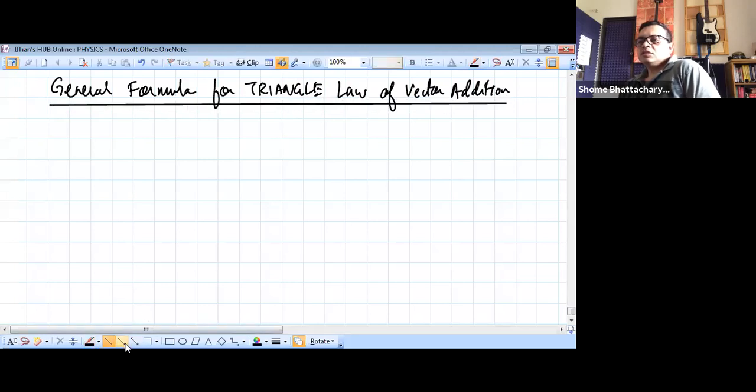So what we see here is that given two vectors, suppose this is one vector A, lying along my x-axis. This is another vector B, which is at some kind of angle theta to it.